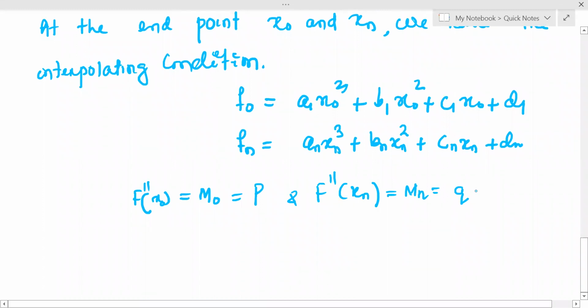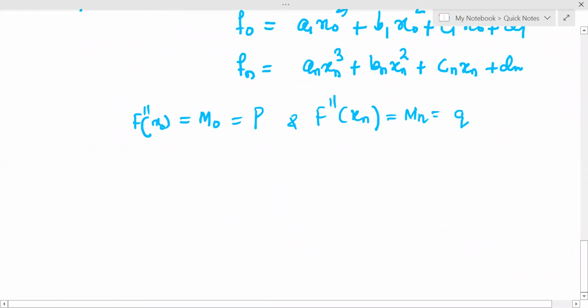In the end condition, m0 is equal to 0, mn is equal to 0, lead to a natural spline.